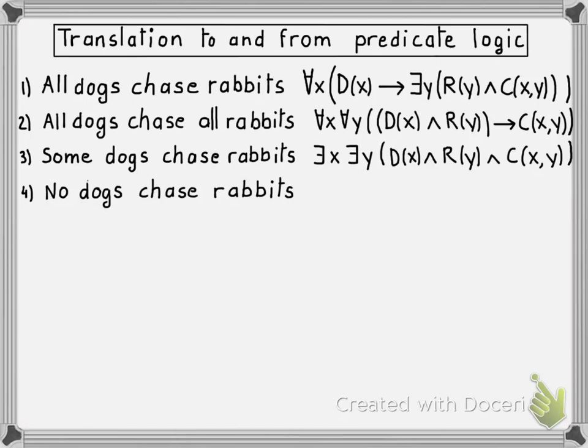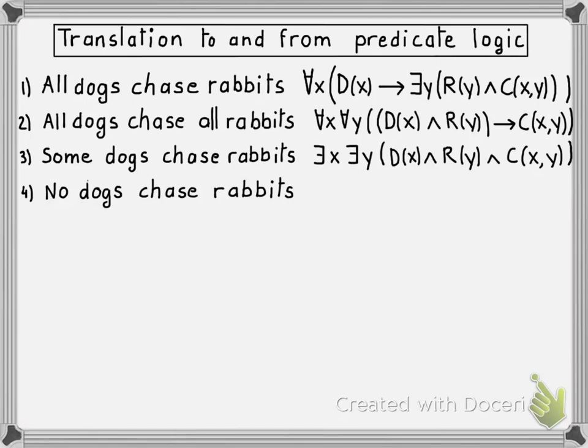Sentence 3 says there exist some dogs that chase rabbits. If you take the negation of that, you get, it's not the case that some dogs chase rabbits. In other words, no dogs chase rabbits. So the easiest way to translate sentence number 4 is just to copy this proposition here and put a negation in front. That's at least one way to do it. Maybe you came up with a different answer.